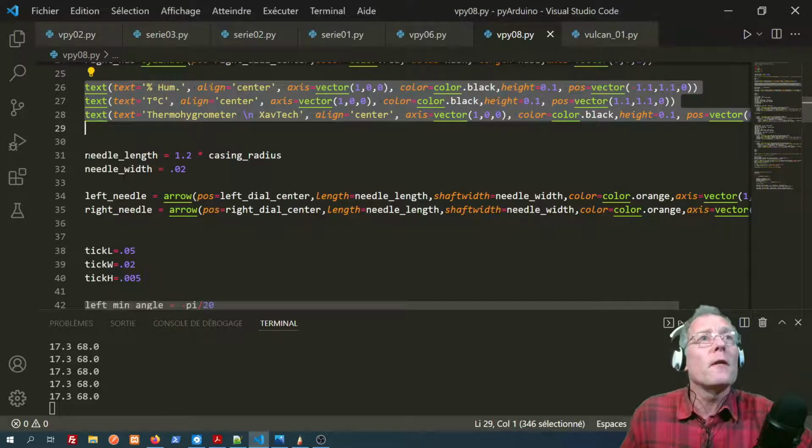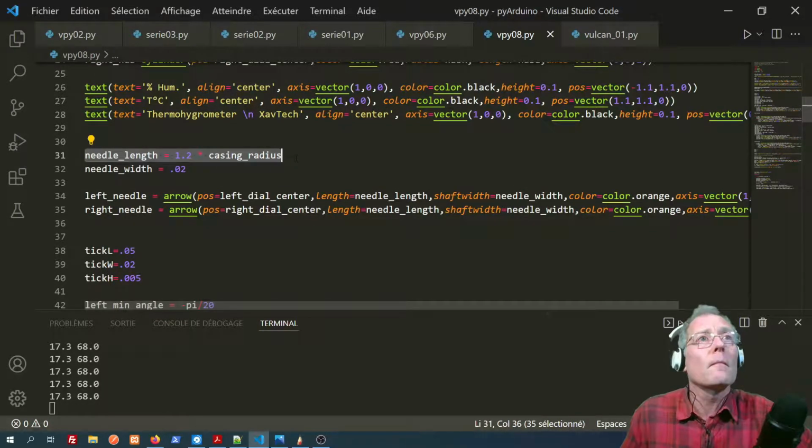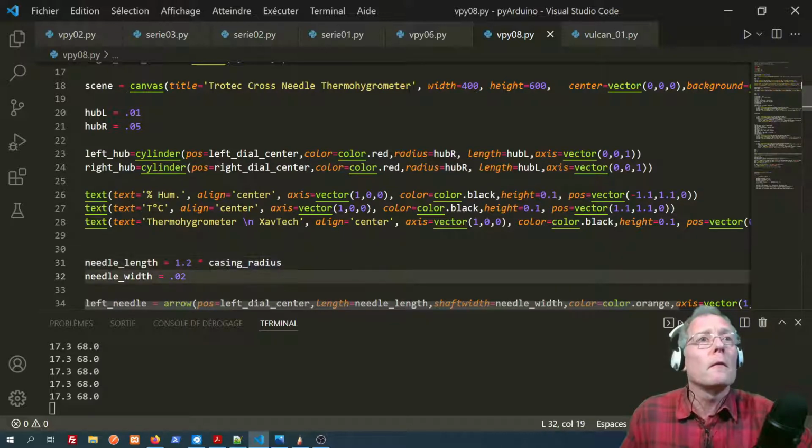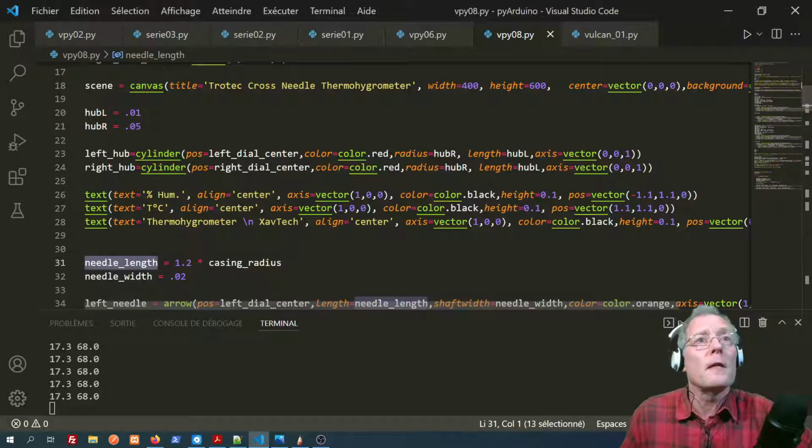We have the needle length, which uses the casing radius. The needle is not at the center of the casing, so the needle needs to be longer than the casing radius.